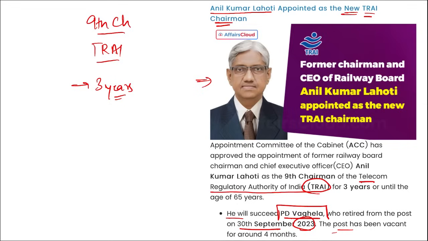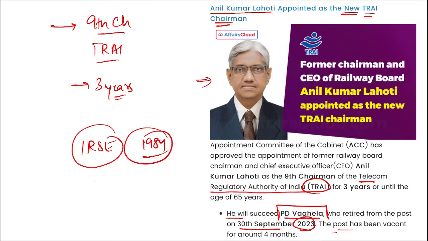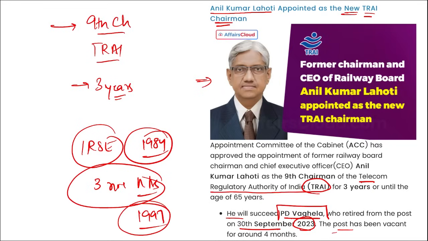Anil Kumar Lahoti is an IRSEE officer of 1984 batch, and he becomes the third non-IAS officer to be appointed as the chairman of TRAI since its inception in 1997.